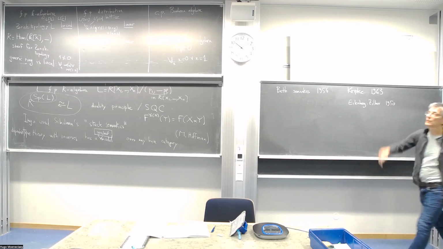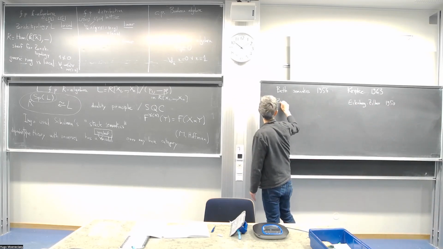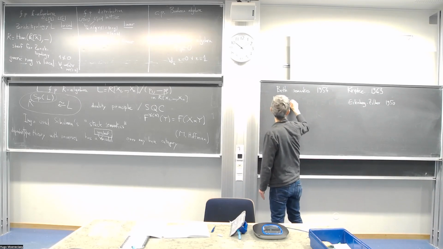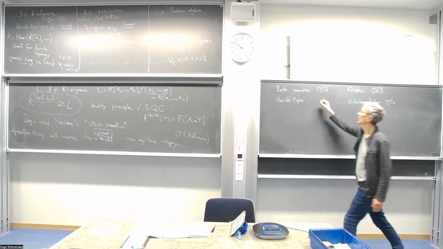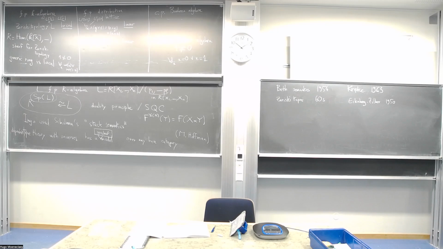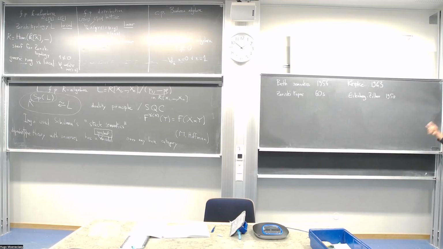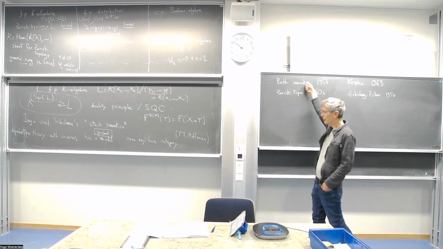And later there was the Zariski topology, and more topologies in the Noetherian setting. So it's quite interesting that these were completely independent works, but looking at the same kind of object.